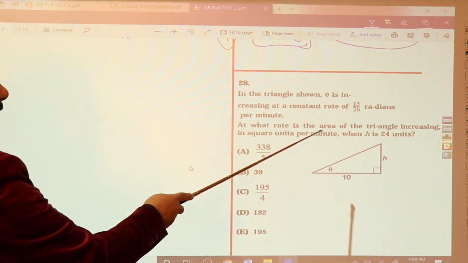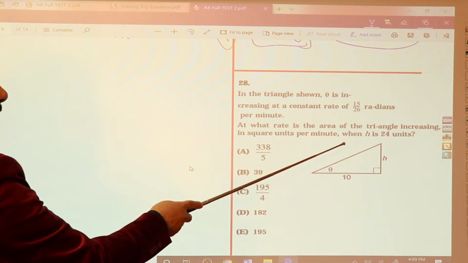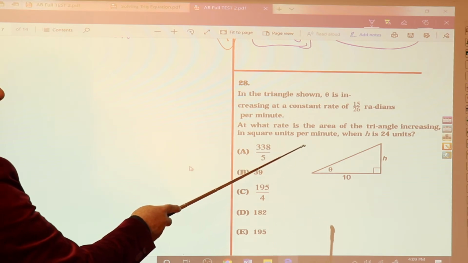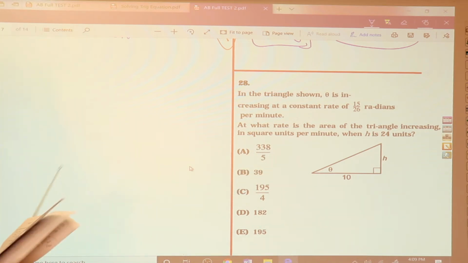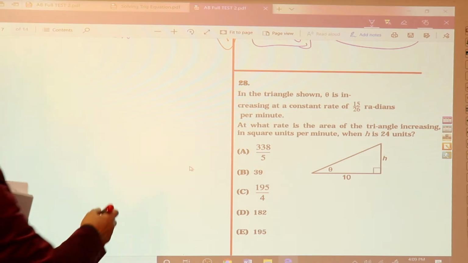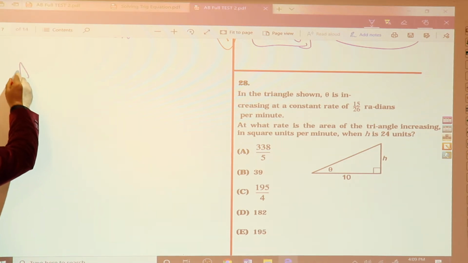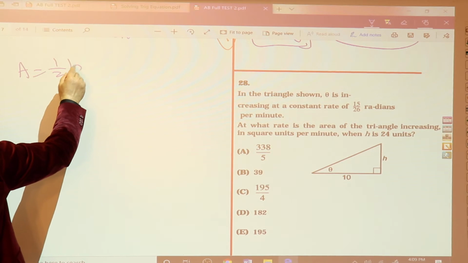At what rate is the area of the triangle increasing, in square units per minute, when h is 24 units, when the height is 24 units? Now, area equals half base times height.